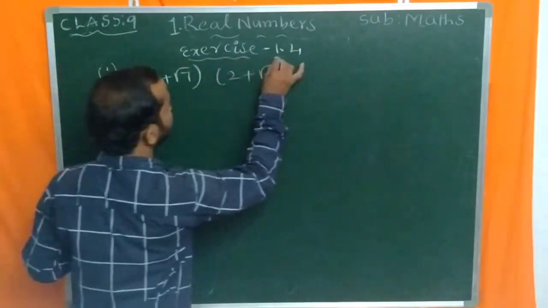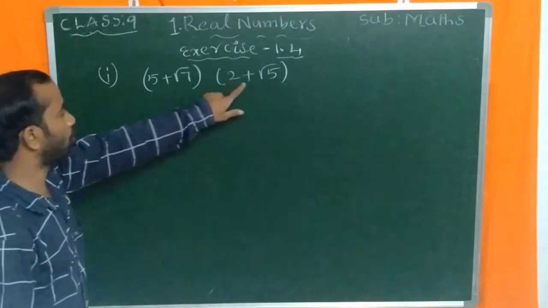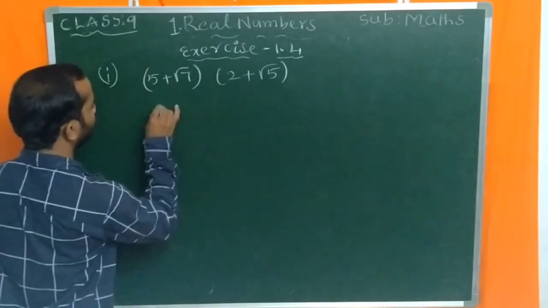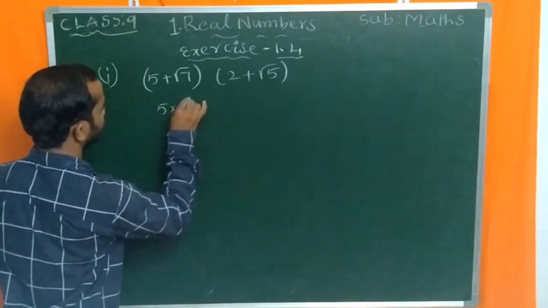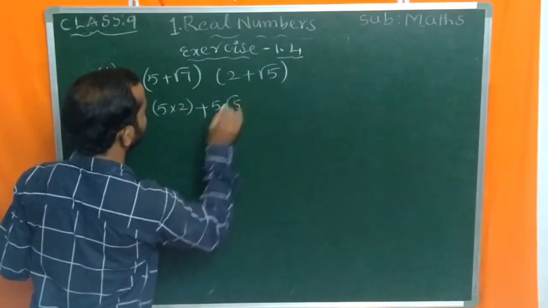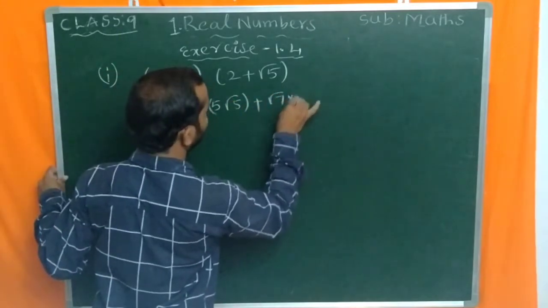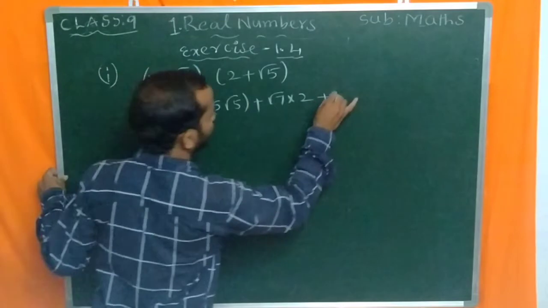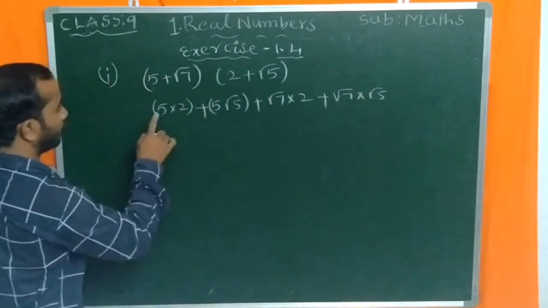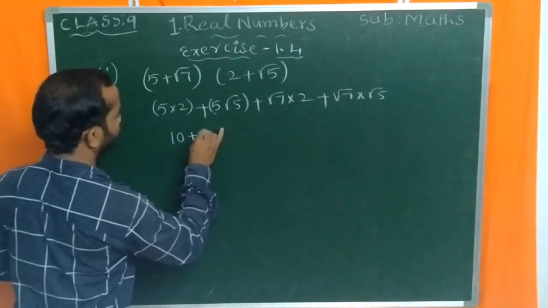Next, exercise 1.4: 5 plus root 7 into 2 plus root 5. First 5 into 2, plus 5 into root 5, plus root 7 into 2, plus root 7 into root 5. 5 into 2 is 10. 5 into root 5 is 5 root 5.